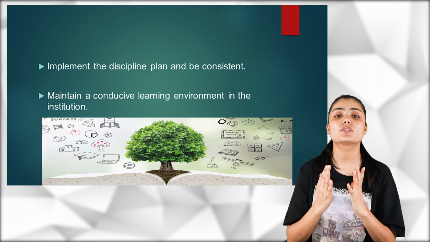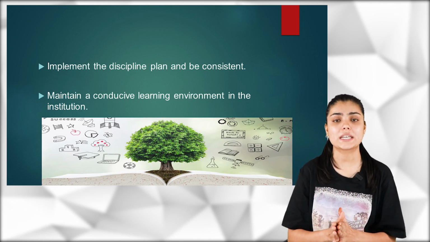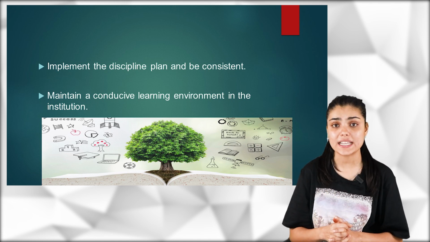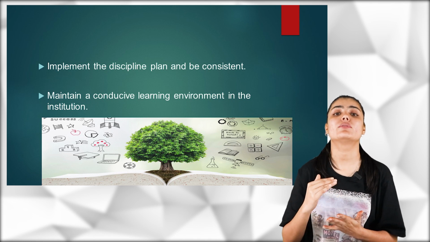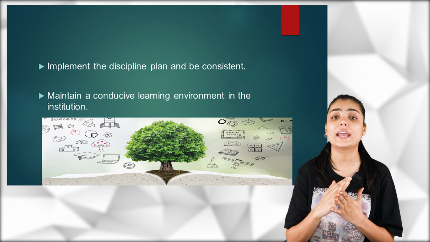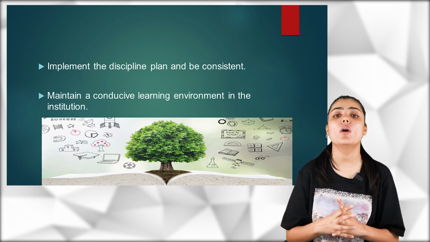Now, immediately after the students have taken admission, the discipline must be administered. That means the discipline must be followed by all those students and it must be followed consistently. As I've said, there should be no gap or no break, no consideration given for breaking the discipline within the organization.